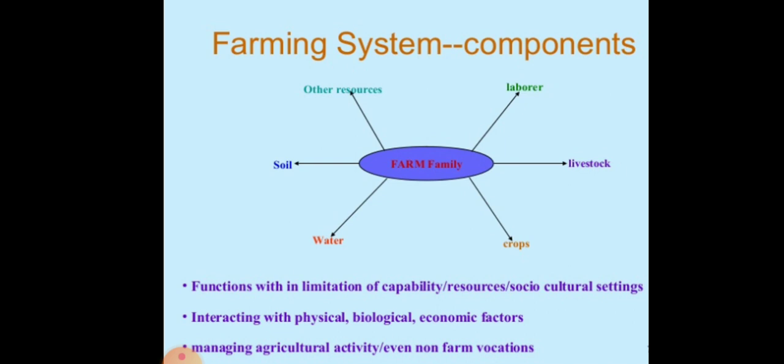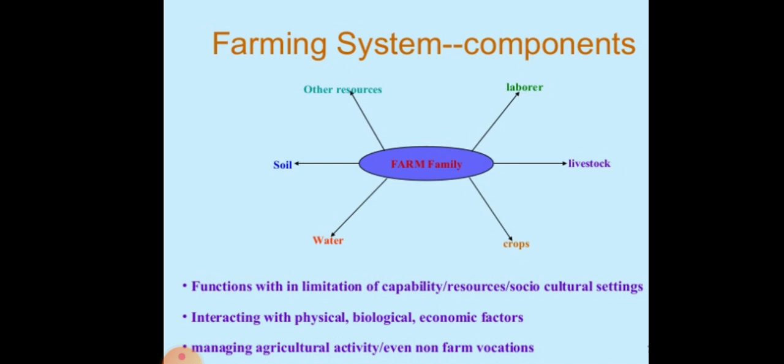Water is essential in farming, and then the crops you intend to cultivate. And then the livestock, either hogs or poultry, the labor or the manpower needed, and other resources, for example the machineries, and also the skills, the proficiency, and the technology and knowledge of the farmer.